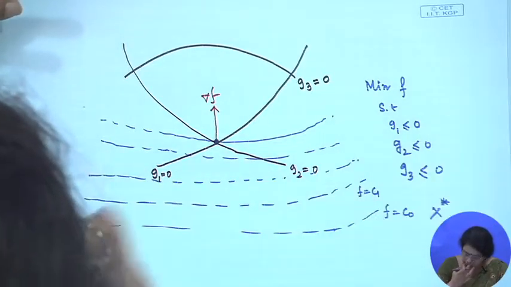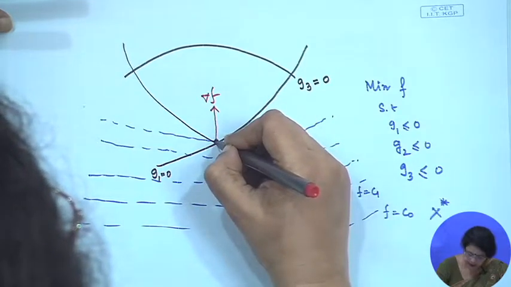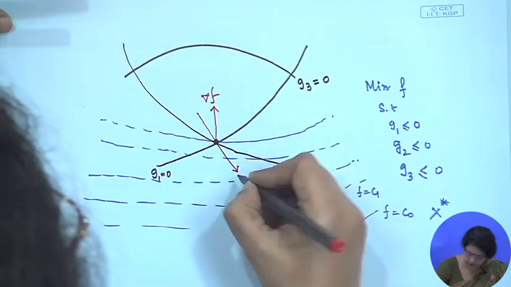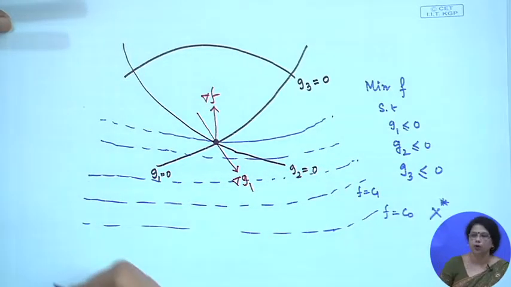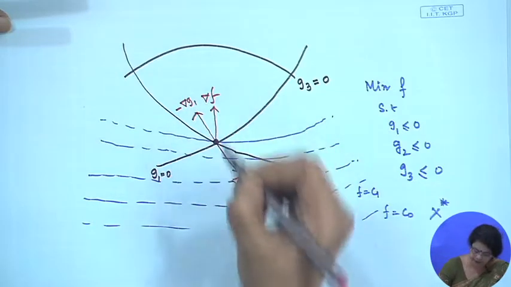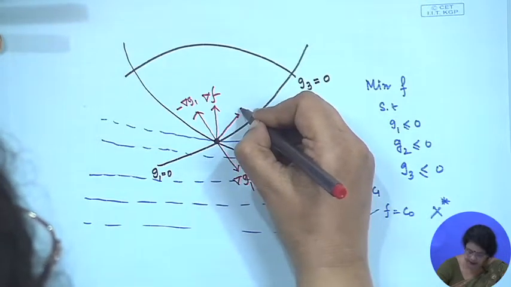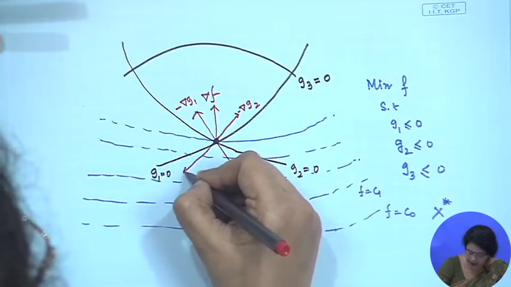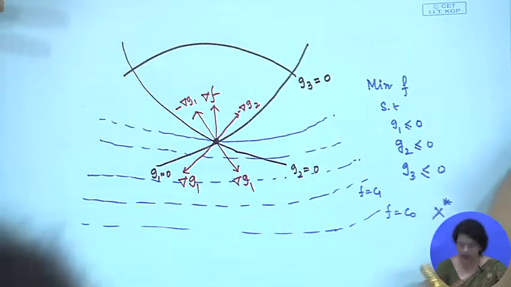Now, if we consider G1 equal to 0, this one, then this must be grad G1 direction, and this is minus grad G1. Similarly, if we consider G2 direction, this one, then this is minus grad G2 and the opposite direction is the grad G2.